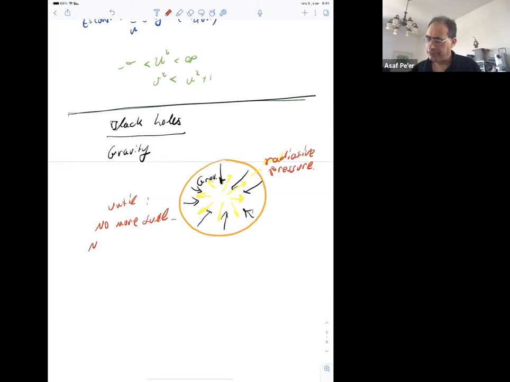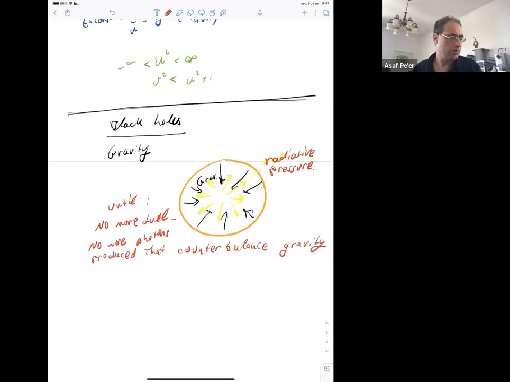No more fuel, no more photons produced to counterbalance gravity. So until when will it shrink?